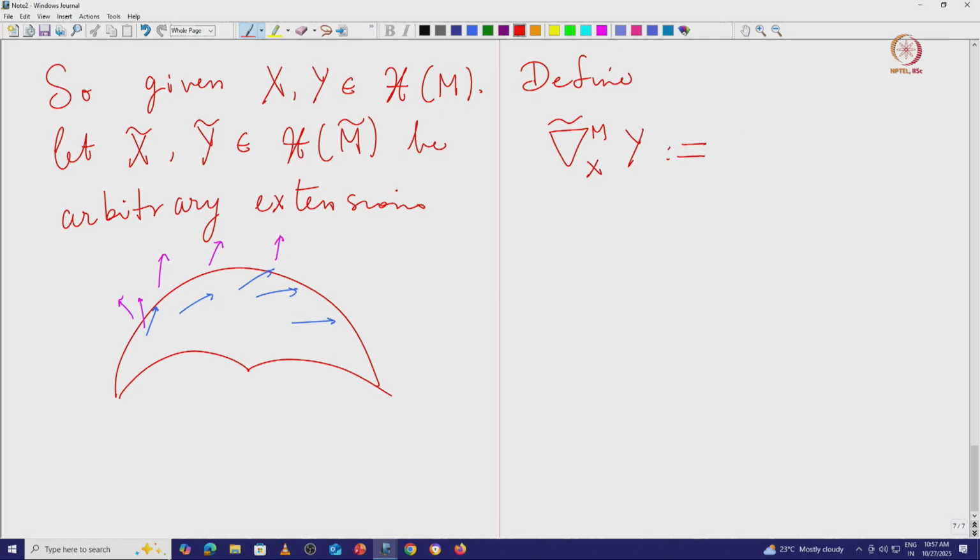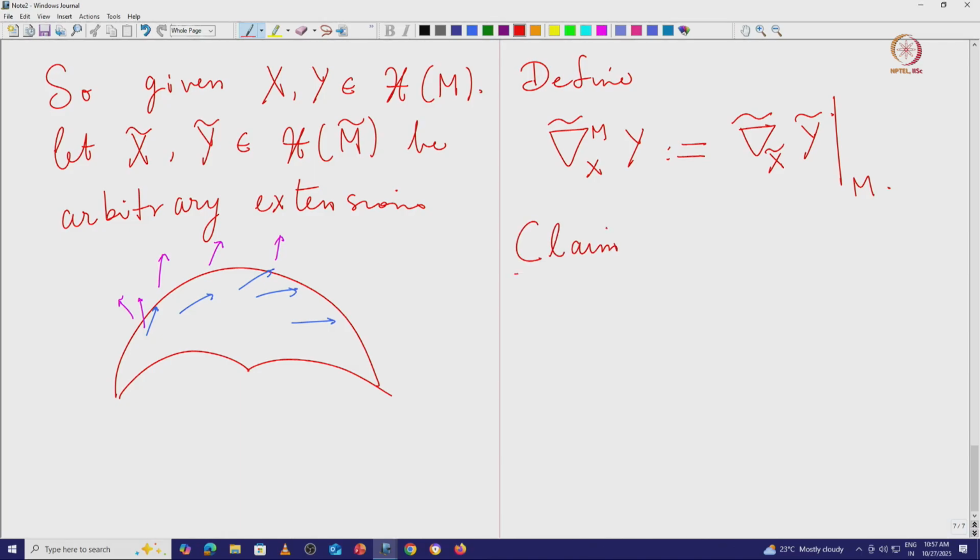Now this definition is simply the covariant derivative of y tilde with respect to x tilde in the ambient space, okay, and restrict all of this to M.